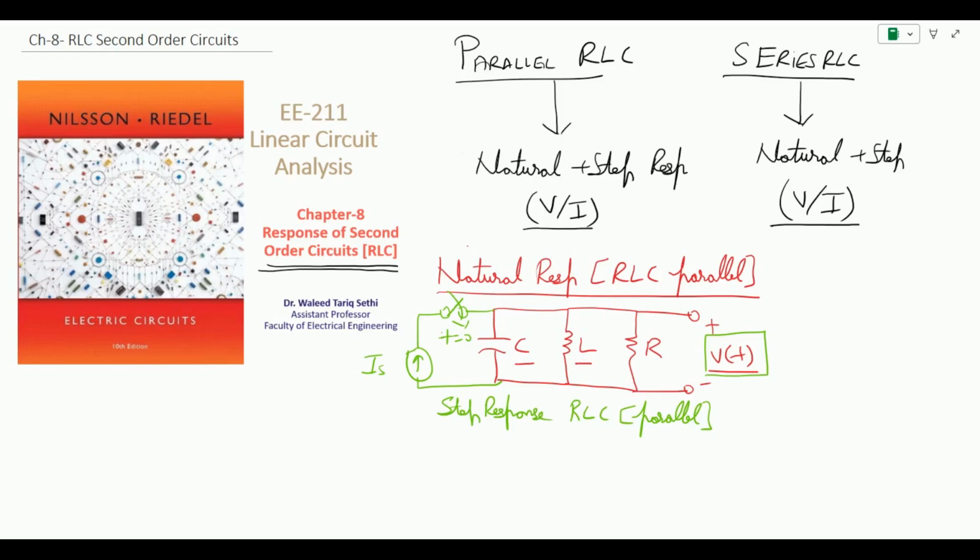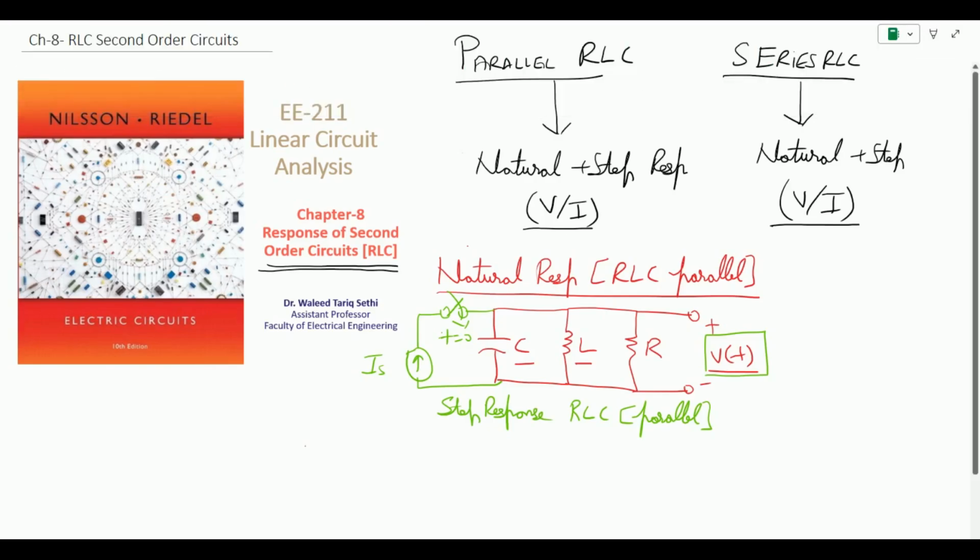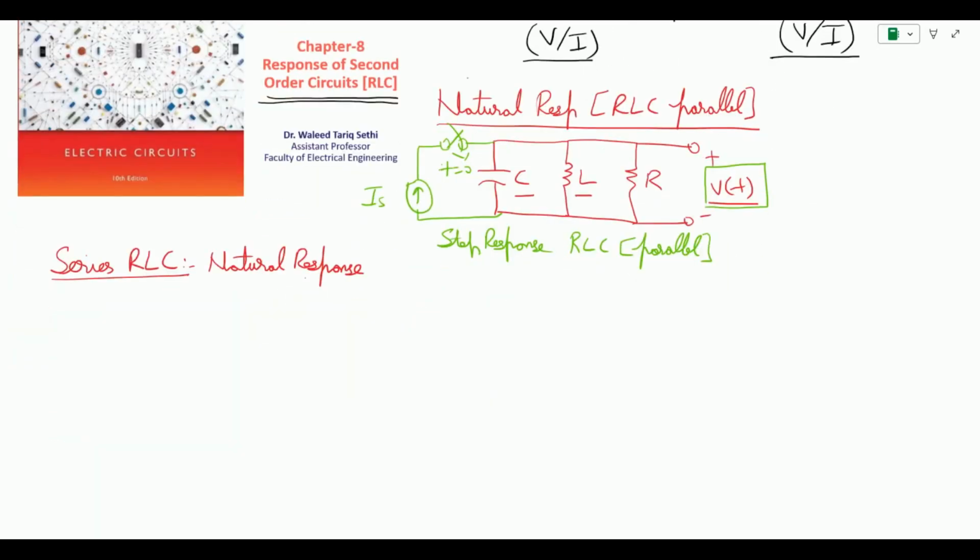Similarly, for the series RLC configuration, if we are talking about the natural behavior or the natural response of the circuit, we are going to have this kind of configuration where we have a resistor, an inductor and a capacitor all connected in series.